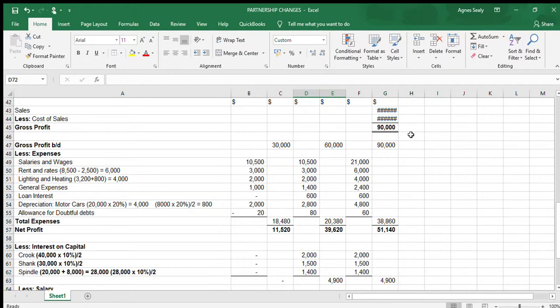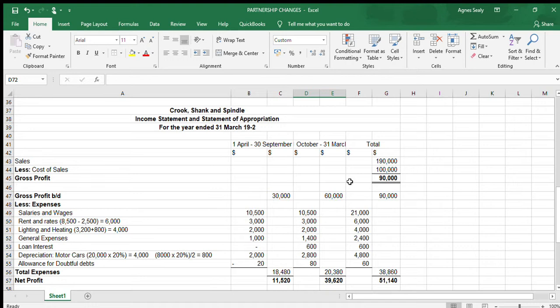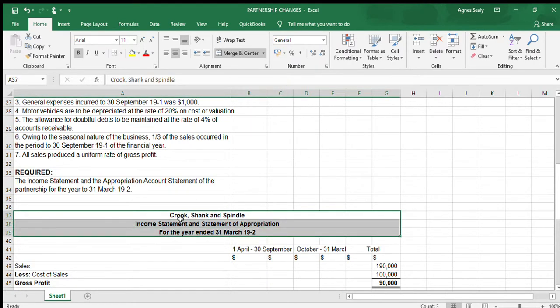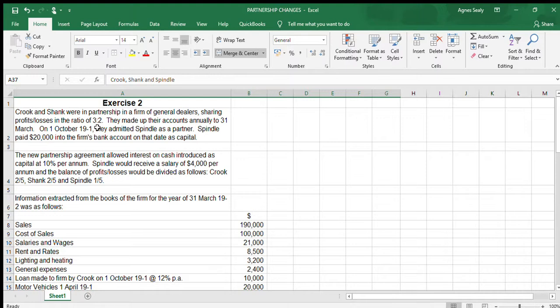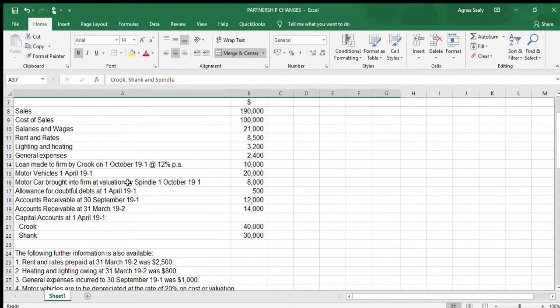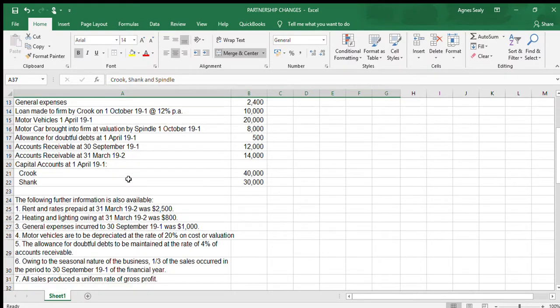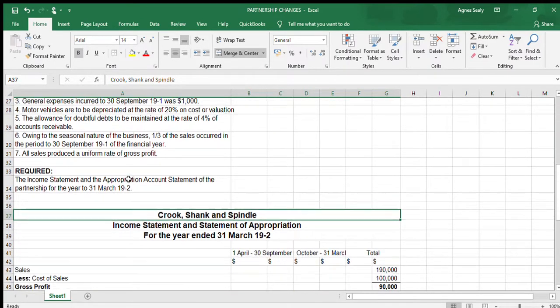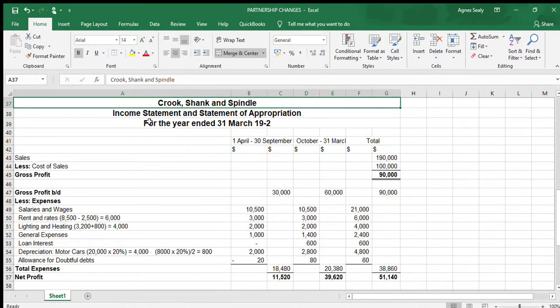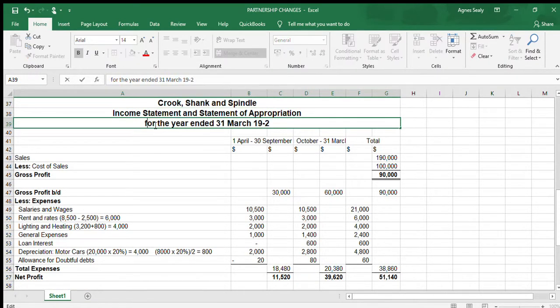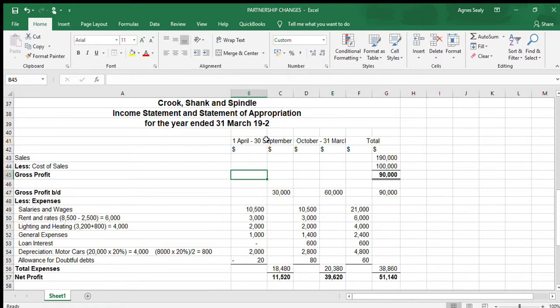So here we have our question. Very nicely done. Of course, Shank and Spindle. Again, this is the question here where we can read what was required. And this is the income statement and statement of appropriation.